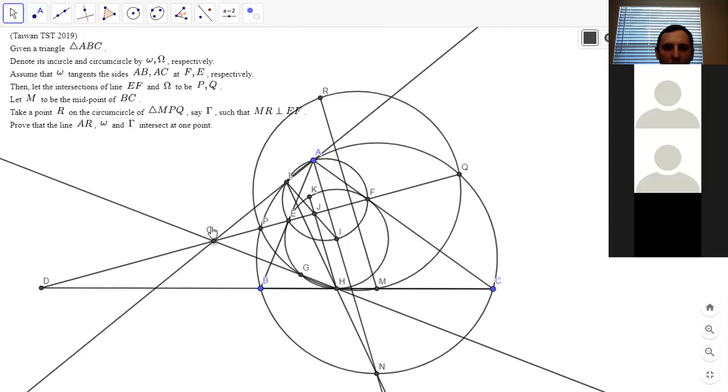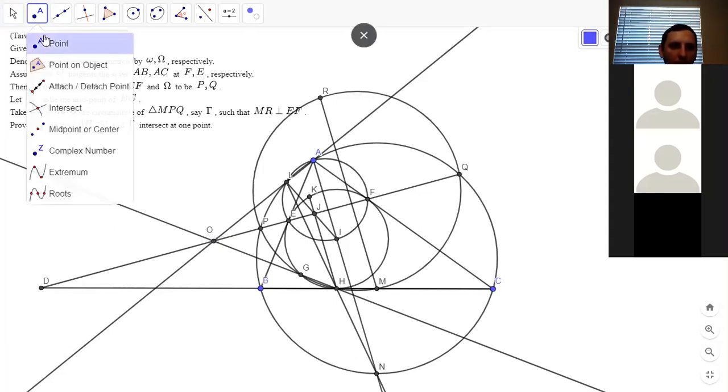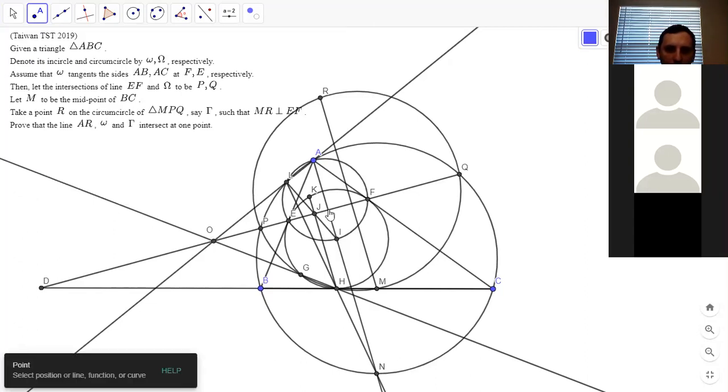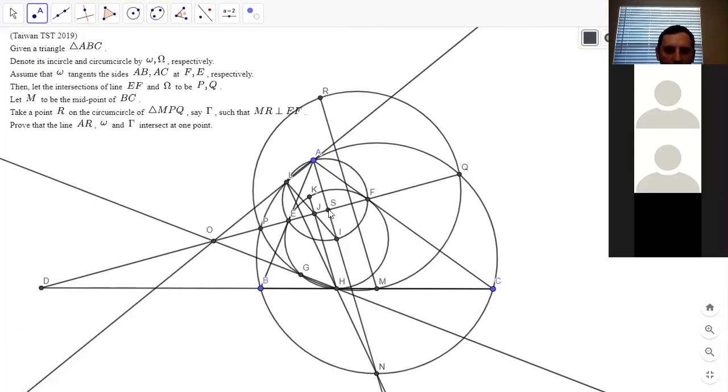OJEF is harmonic because, let's call S the midpoint of EF. Okay. Because JS times JO, sorry, can I type, JS times JO equal to JK times JL, equal to JE times JF.